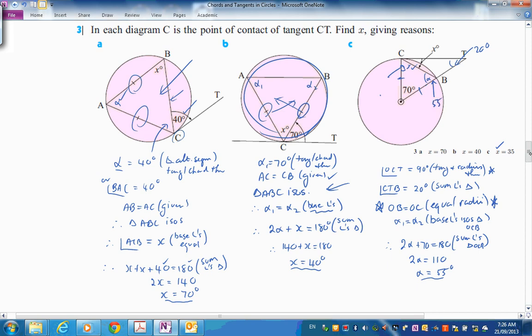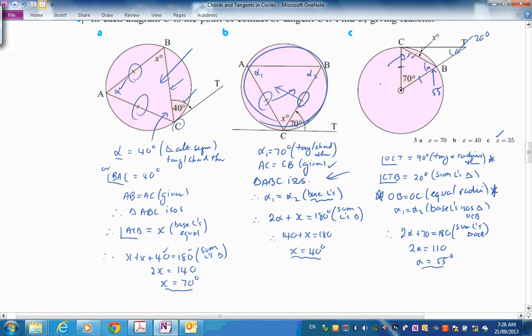This is a special little theorem now. In this region up here, we've got 20, x is in there, and alpha's there. Can I just redraw that triangle? That's not quite right there. We'll just go here like this. So this is 55, that's x, and that's 20. Uh-oh, that's the exterior angle theorem, isn't it?